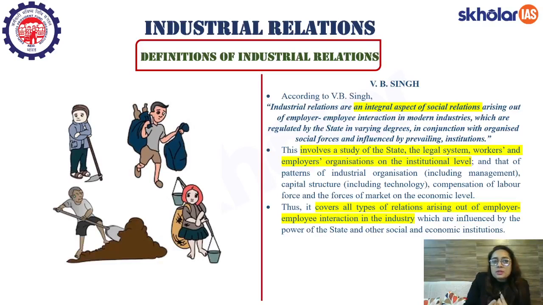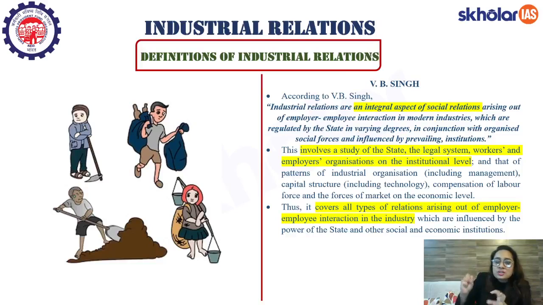For example, one doctor is operating on a heart patient, and he is charging around 50,000, and there is another doctor who is working in the same hospital, and he is charging 1 lakh rupees. This is just an example, this kind of thing is not allowed when we talk about the legal system or the law of industrial relations.